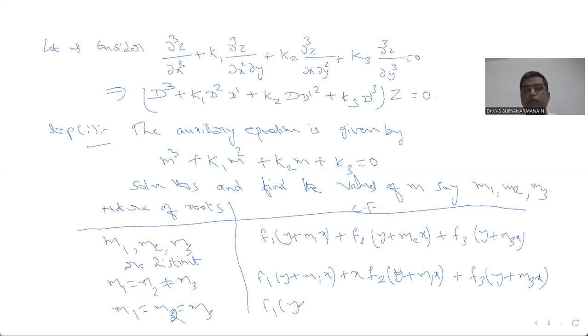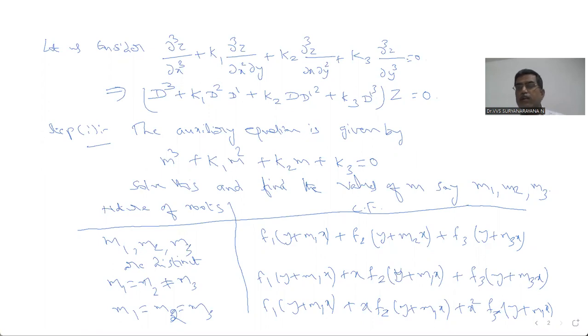So f1 of (y + m1x) plus x into f2 of (y + m1x) plus x² into f3 of (y + m1x). So this is the procedure of finding the complementary function. This is our step number 1 in solving a linear partial differential equation which is homogeneous, when the right side is 0.